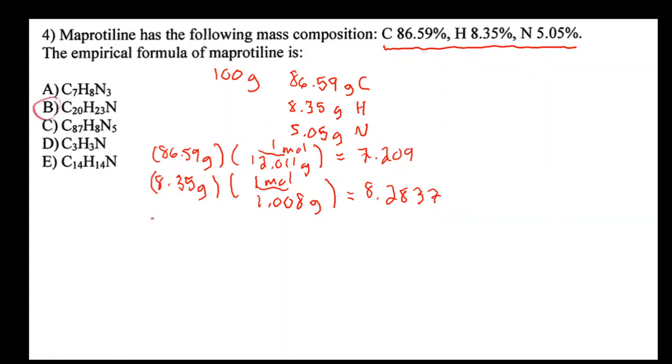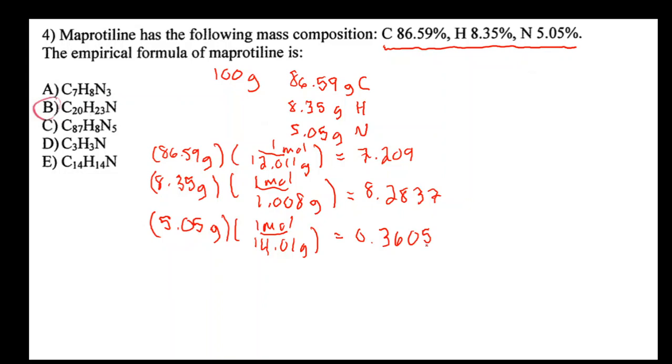We're not being super particular about sig figs right now. And then next we do the same for nitrogen. So that's 5.05 grams. And what's nitrogen again? Is that 14.01? Yep, 14.01. And then that equals 0.3605.